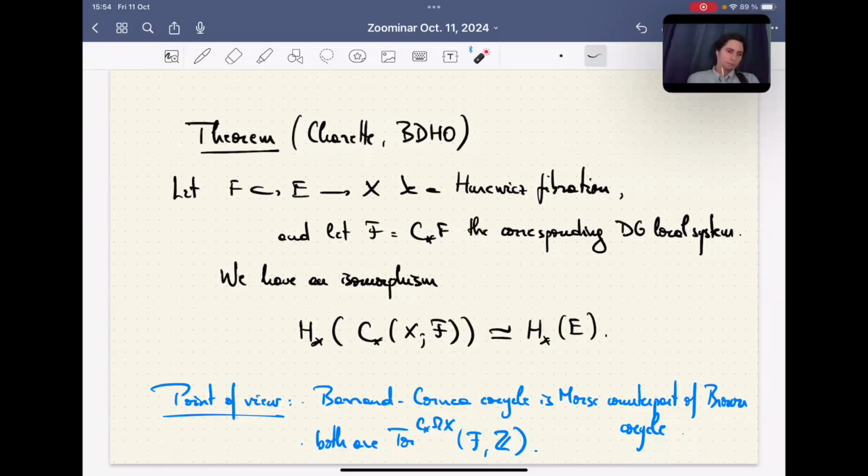It means that I need to find a resolution of Z, considered as a trivial module, using free modules over this DGA. And indeed, hidden in the construction is such a resolution. So this would be a third point of view on the same construction. They can be understood algebraically as a Tor over a DGA.